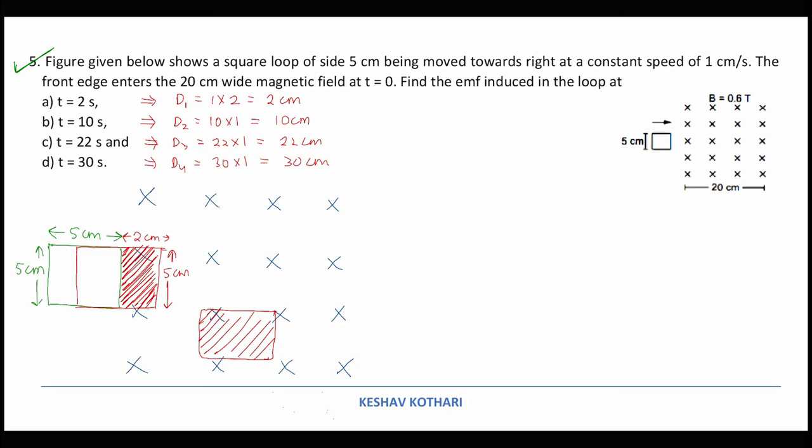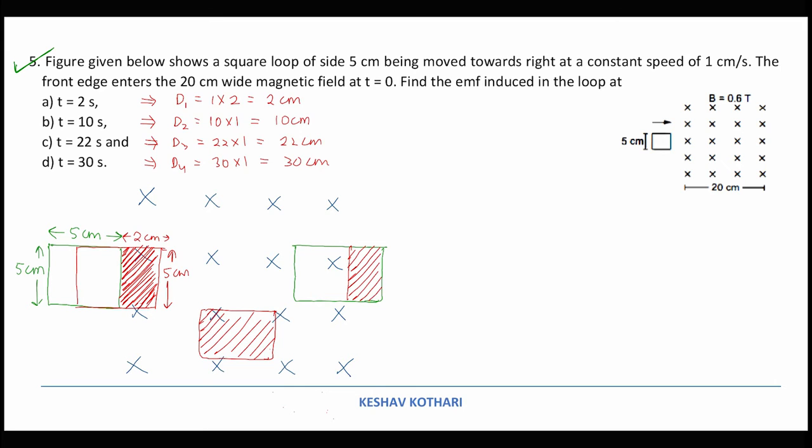Now at 22 second, this frame is going to be looking like this. The front part covered a distance of 22 centimeter, so it has moved out from the region of magnetic field by a distance of 2 centimeters. So this is the distance that it moved out.